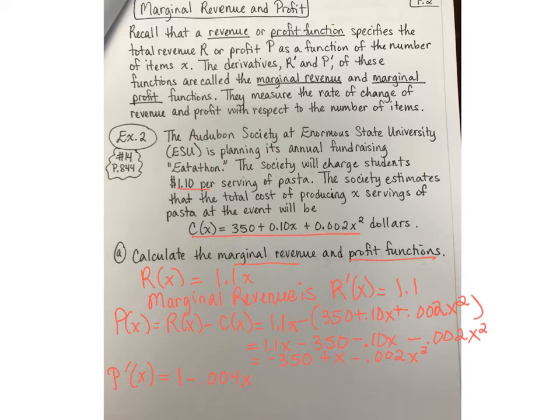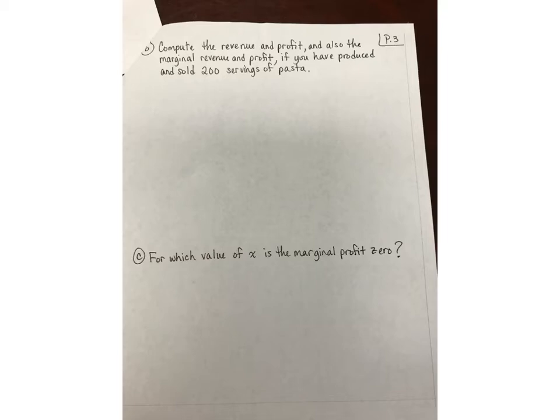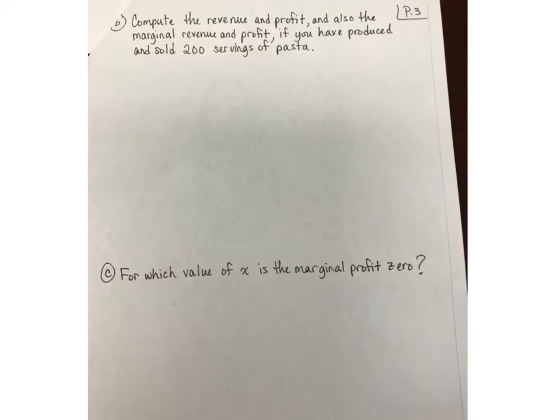And there you go. Now part B, the same problem. We want to compute the revenue and profit and also the marginal revenue and profit if you have produced and sold 200 servings of pasta. So same problem, we just changed what we've produced and sold.